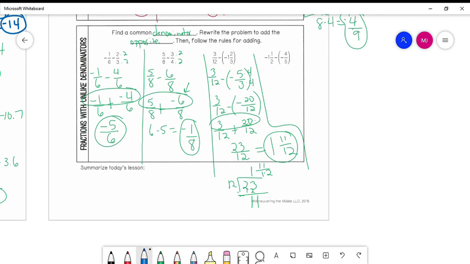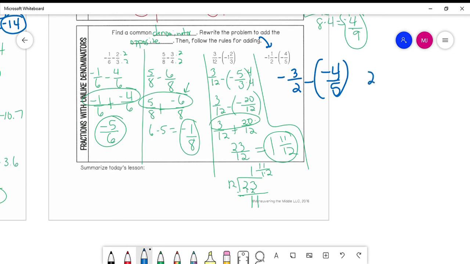Alright, so again, we've got a mixed number, we're going to make it improper. 2 times 1 is 2, and 2 plus 1 makes 3, so we have -3/2 minus -4/5. Common denominators. I cannot multiply to make 2 a 5. I cannot multiply to make 5 a 2. But I can get a common denominator.